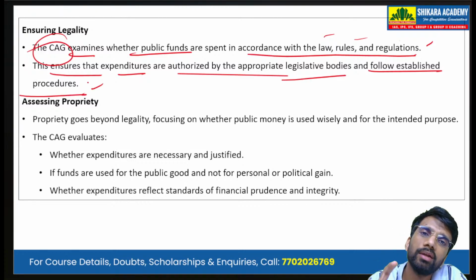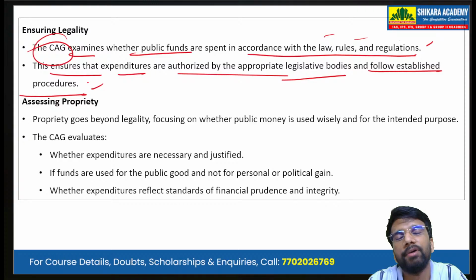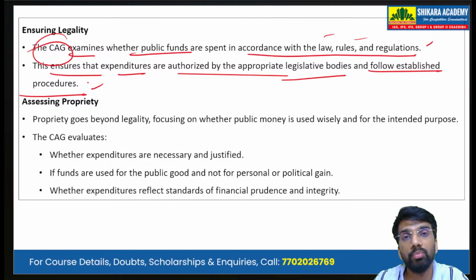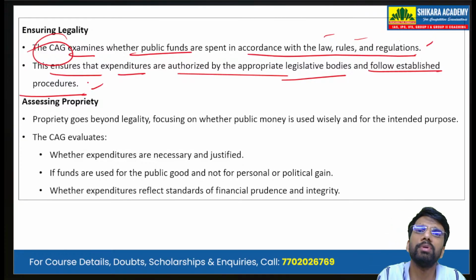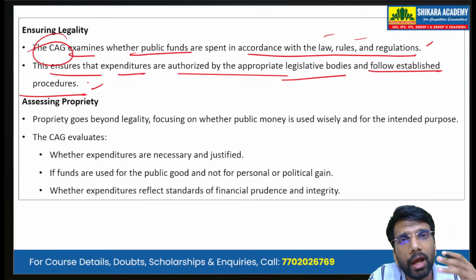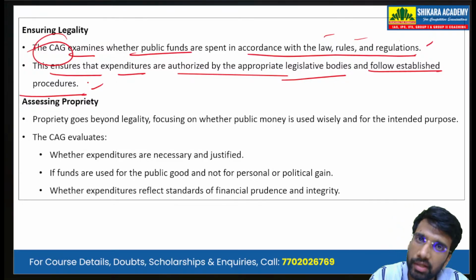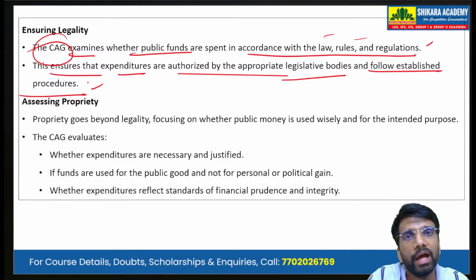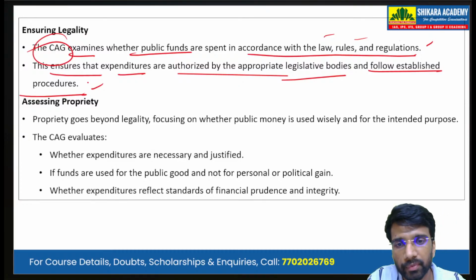Legality means that the CAG has to see whether the executive is making the expenditure, and that expenditure, in order to be legal, has to be authorized by the appropriate legislative body, be it at the center or at the state. The CAG has jurisdiction over both the union government as well as the state governments.